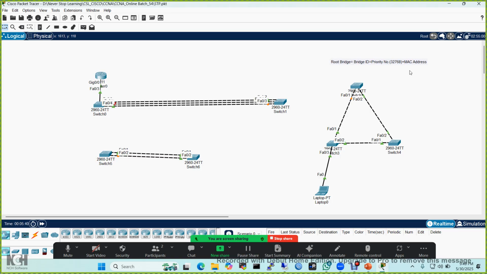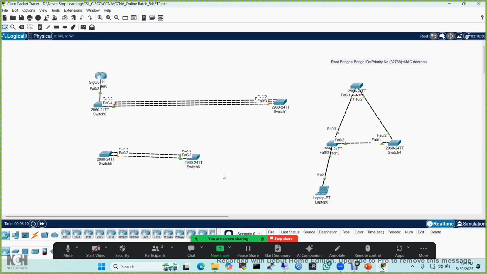Are you clear? Now from these two switches, what is the priority number and what is the MAC address? Can you say? Priority number is a number that is given to the switch's interface. No. Priority number is a number in the STP election process.